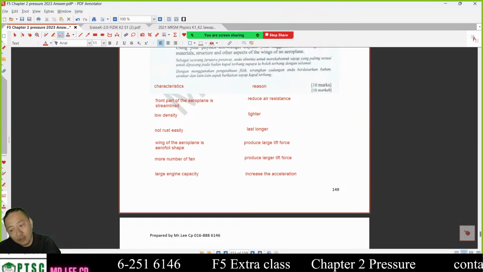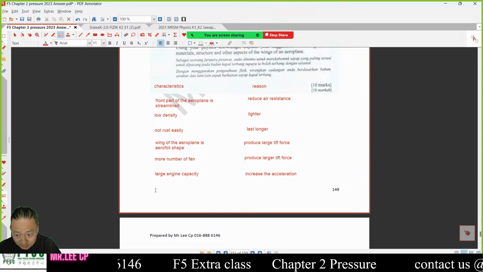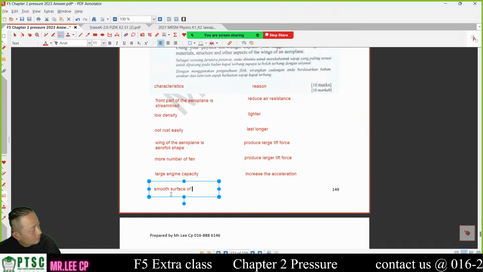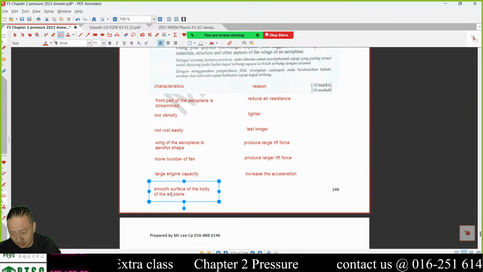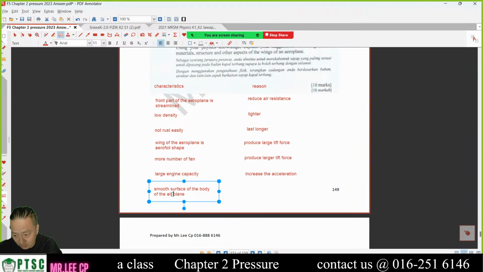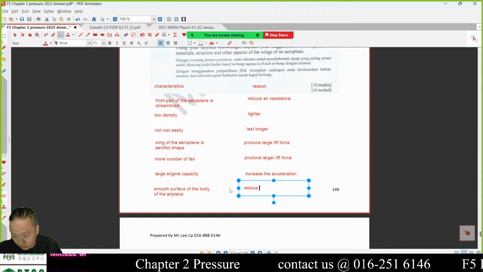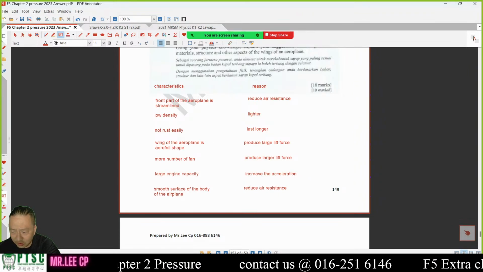Smooth surface of the body of the plane. Right. Okay. Reduce resistance. Also okay.